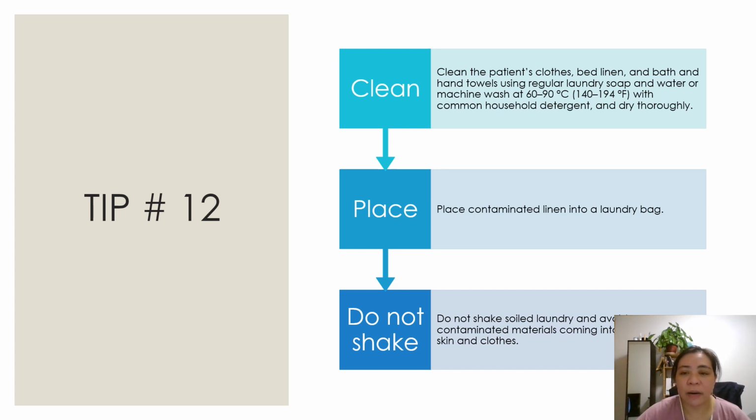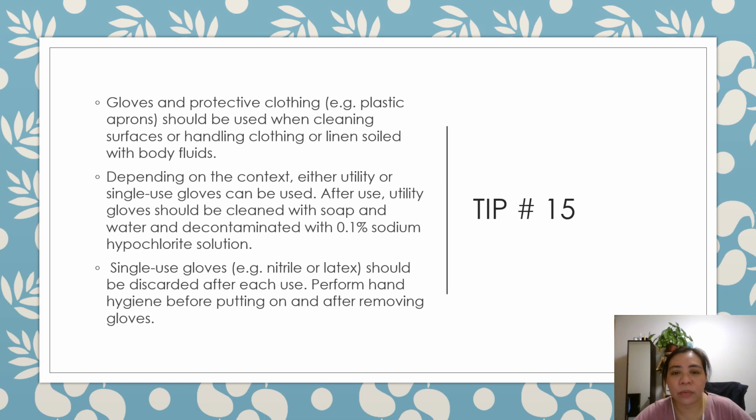And for the contaminated linen, if you only have a small amount to wash in your washing machine, use a laundry bag, but do not shake soiled laundry so that it does not contaminate your underwear and other clothes. So do not shake. So this should be tip number 13.